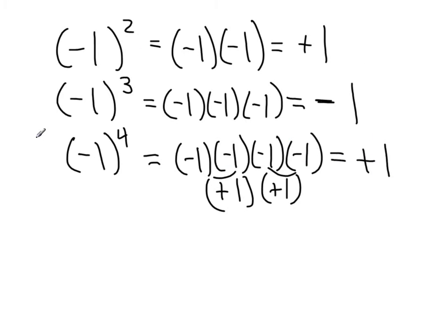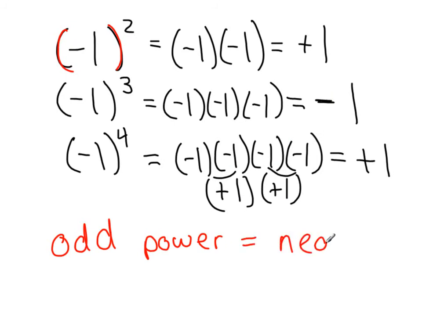So what's coming out here is whenever we have a negative included in these parentheses, that's the important part, raised to an odd power, our result is negative. But notice it's just what's inside the parentheses being raised to the power.